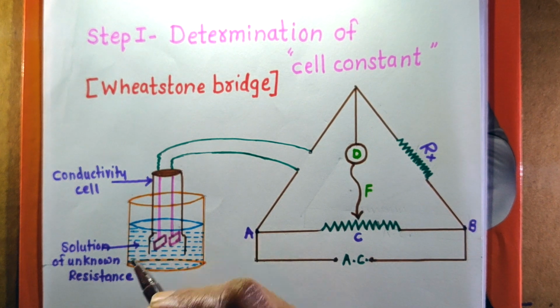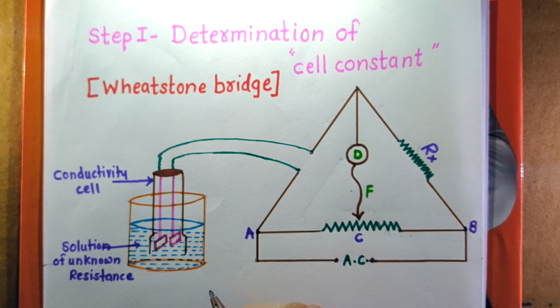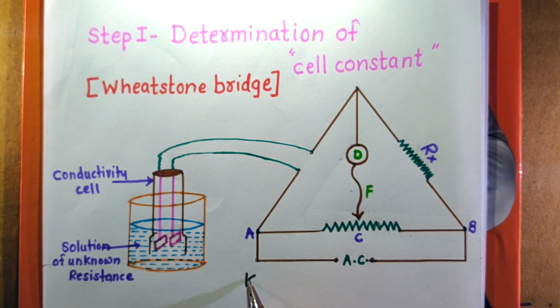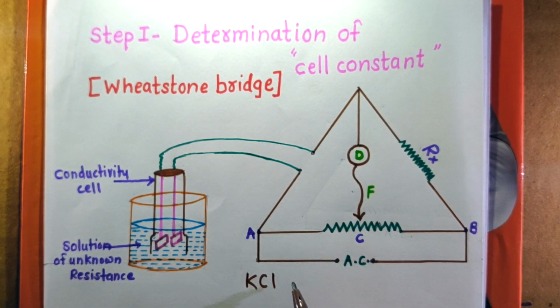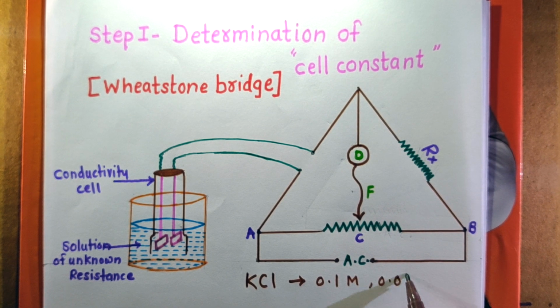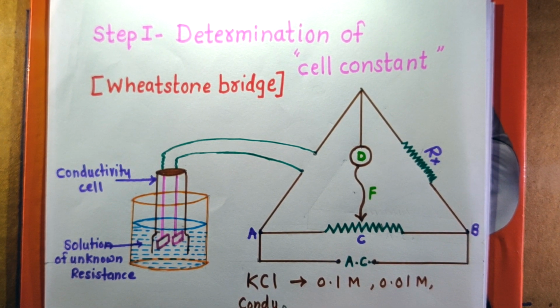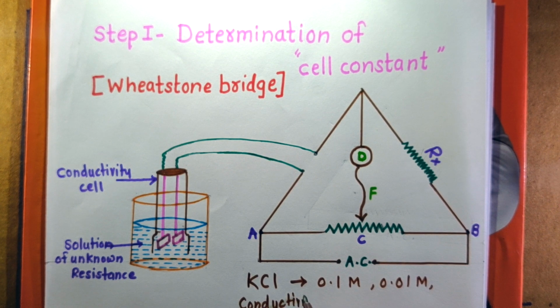Now see here, the solution which is used for this is generally KCl solution. The concentration of this solution can be 0.1 molar or 0.01 molar or 0.001 molar. The concentration of KCl is known to us, and you can determine the conductivity of the solution if we know the concentration of KCl.